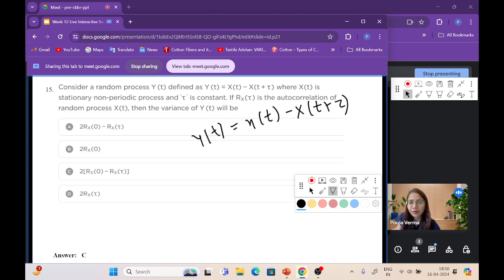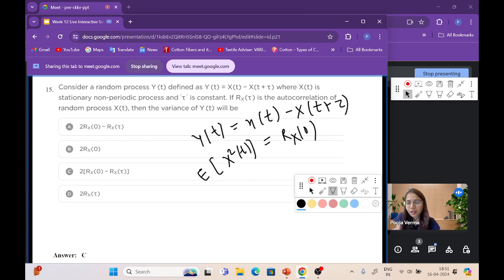Then how will we find out y of t? So already we know that the expectation of x square t is represented by Rx of 0 in the properties part, while they define the property of the autocorrelation function. Okay, mean and variance part.